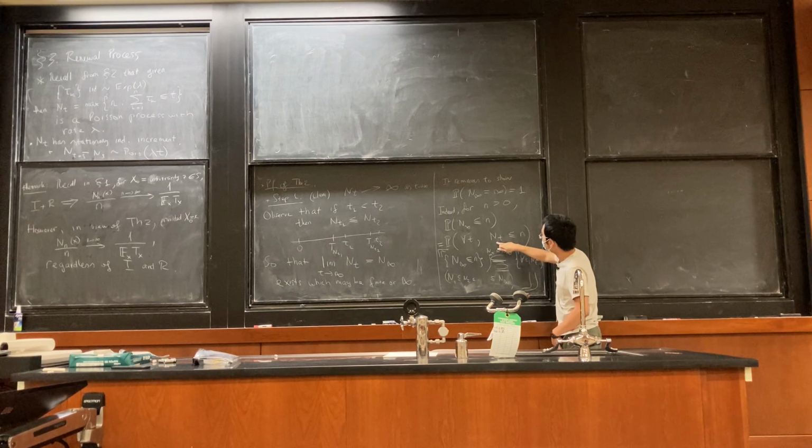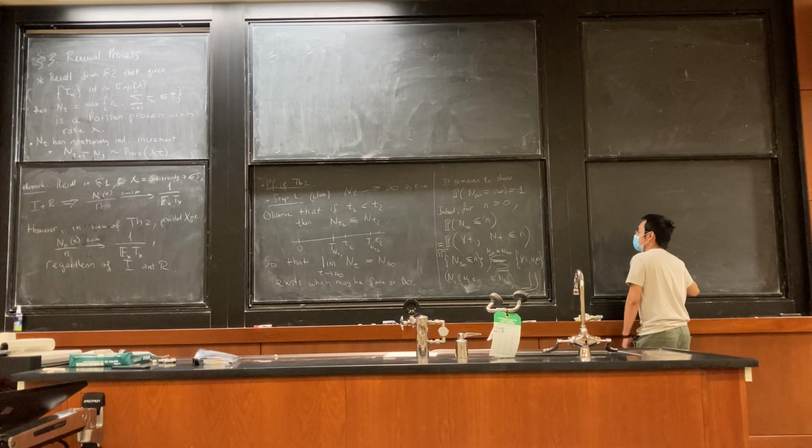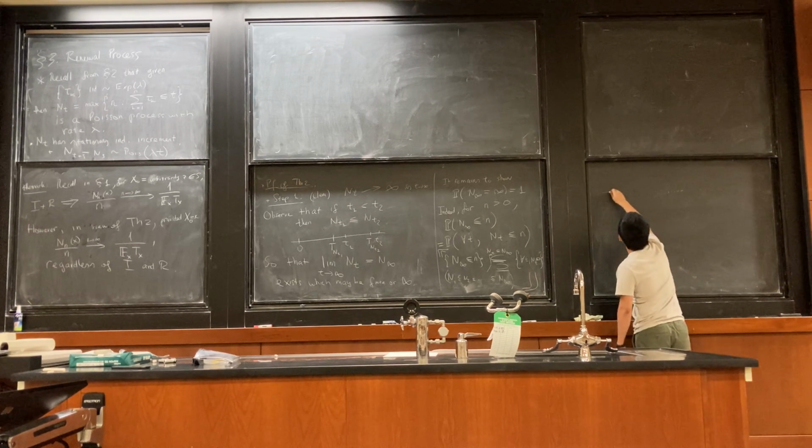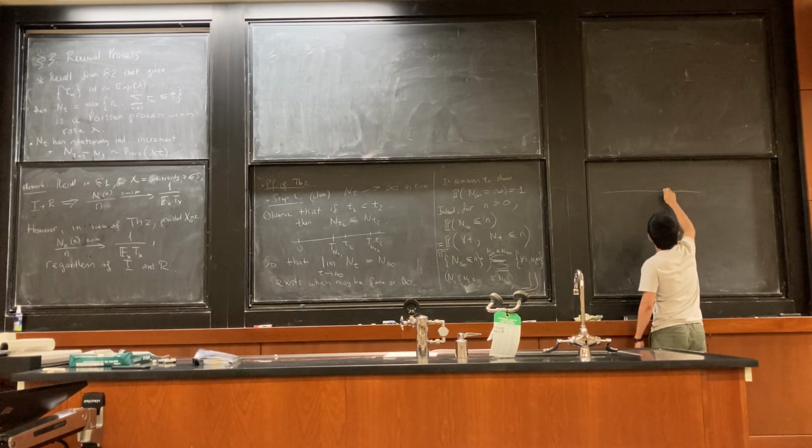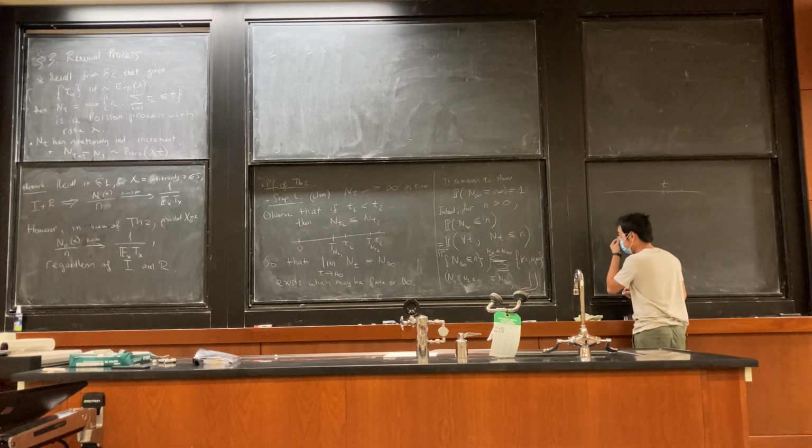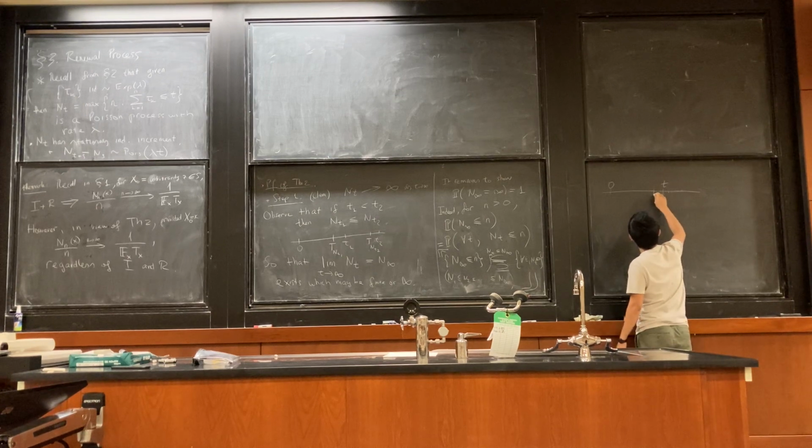But if the number of guests up to time t is always less than n, what does it mean? So think about it, suppose a fixed time t over here. I have the number of guests bounded above by n, that means this is one way it can happen.